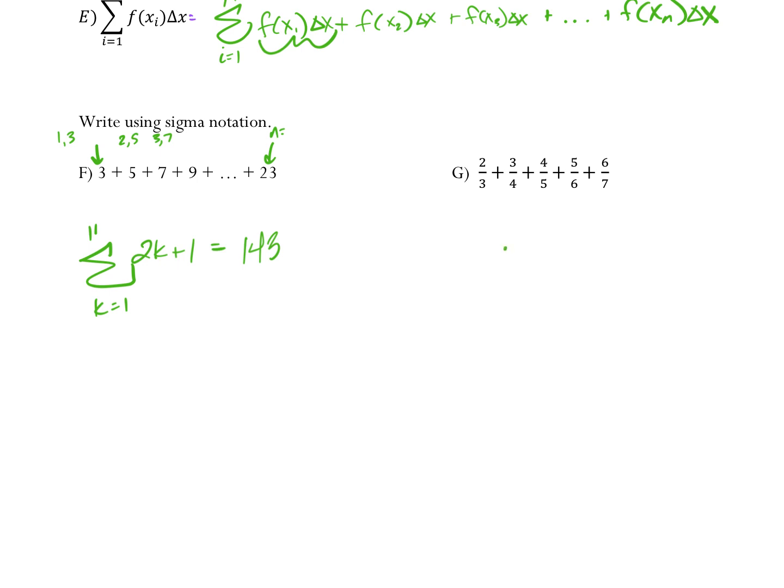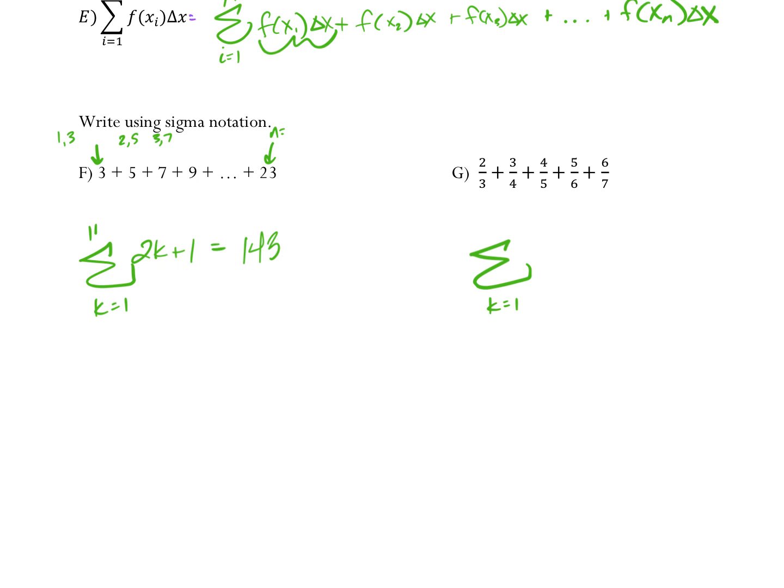All right, let's look at this one. This one's a fun one. What is my last term? It's hard to do the last term before you know the pattern.